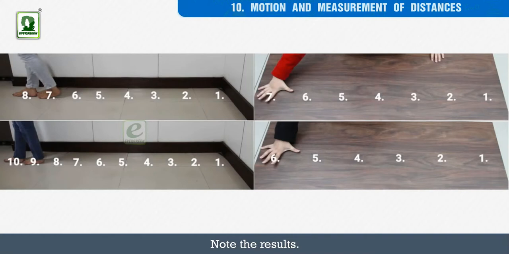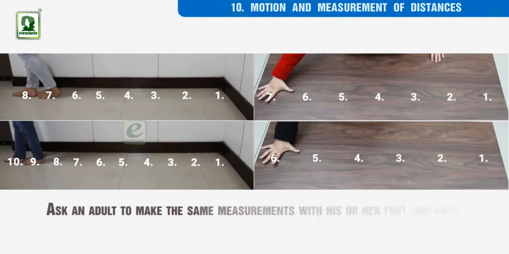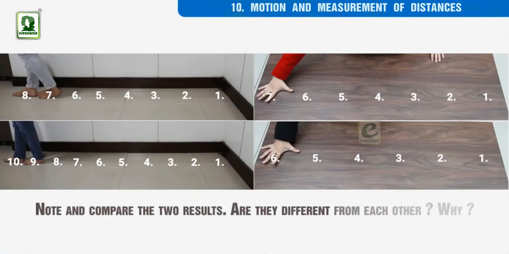Note the results. Ask an adult to make the same measurements with his or her foot and hand. Note and compare the two results. Are they different from each other? Why?